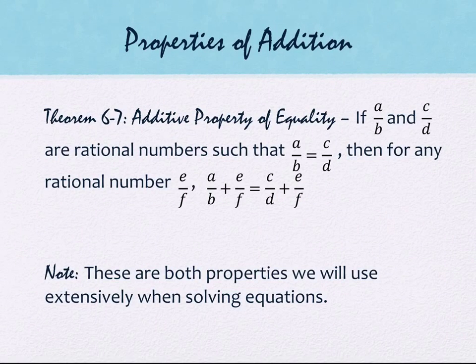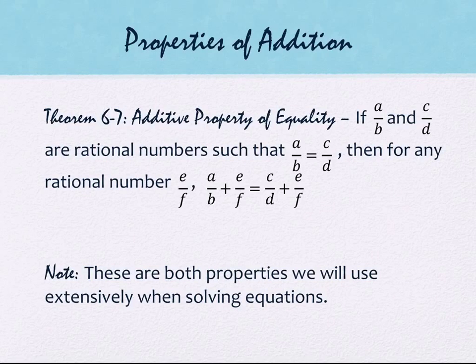Another property is the additive property of equality. This additive property of equality says that if you have two fractions that are equal, a over b is equal to c over d, then for any third rational number, e over f, if you add it to those first two numbers, they still stay equal.